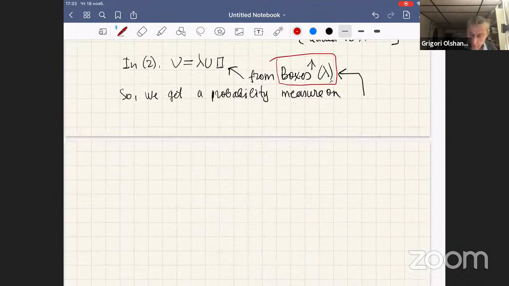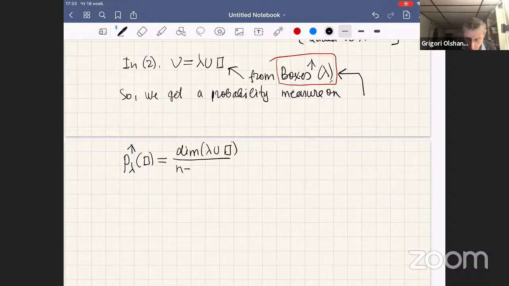By definition, let's denote it as follows. With index lambda, the weight is equal to dimension of lambda with this box added, for any box which is in this set.